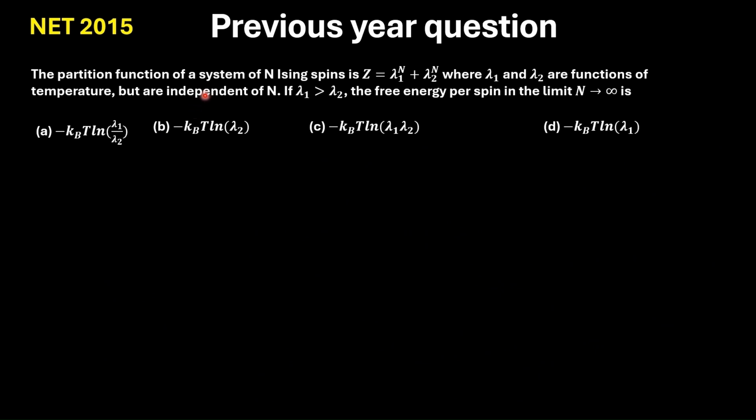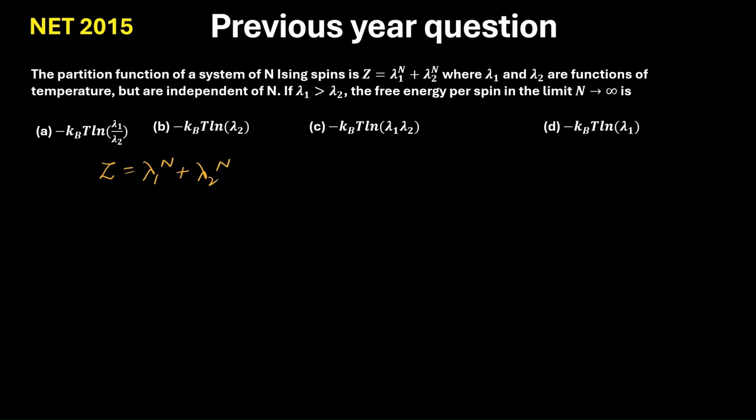In this question, the partition function is given for n Ising spins, and lambda 1 is greater than lambda 2, and we have to find the free energy per spin in the limit n tends to infinity. So the partition function is given: Z is equal to lambda 1 to the power n plus lambda 2 to the power n.